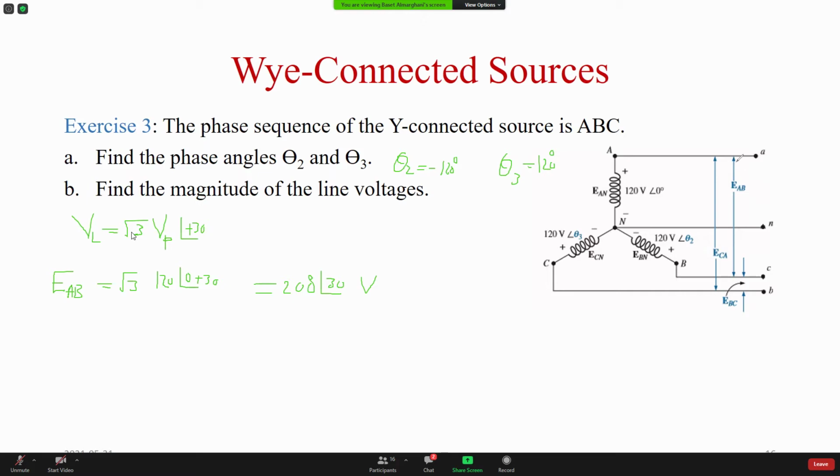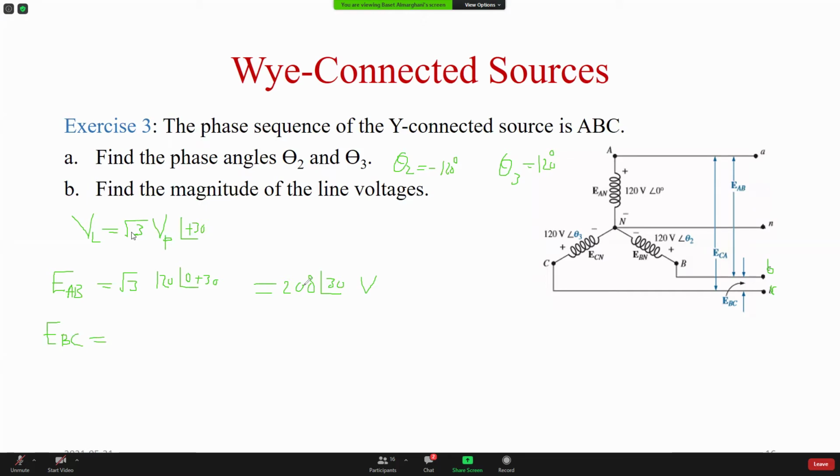Where is B? Okay, those are opposite. This is actually C and this is B. Okay, then we're going to find EBC. Those are the three lines.